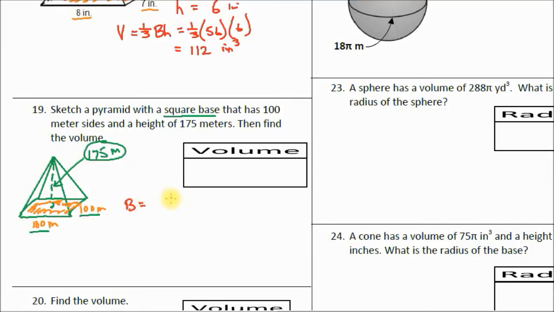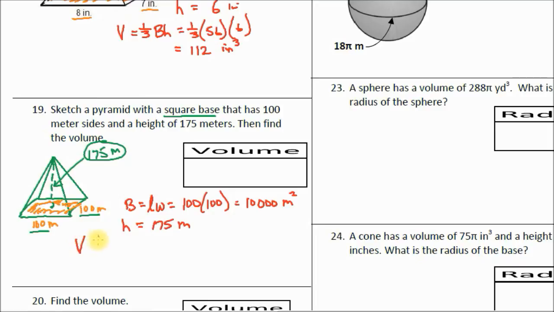The base area is a square, length times width, 100 times 100, which is 10,000 meters squared. Alright, our height, we already labeled it, is 175 meters.